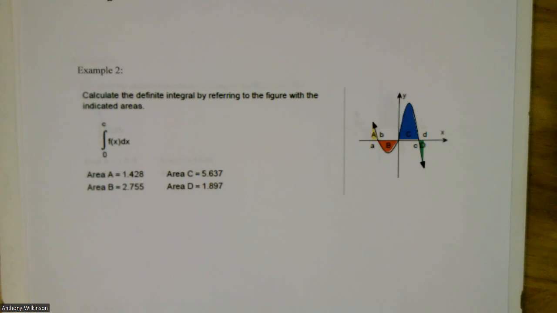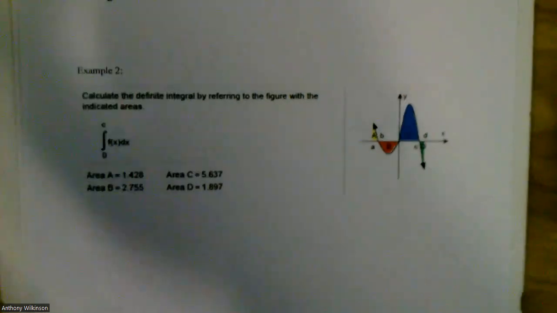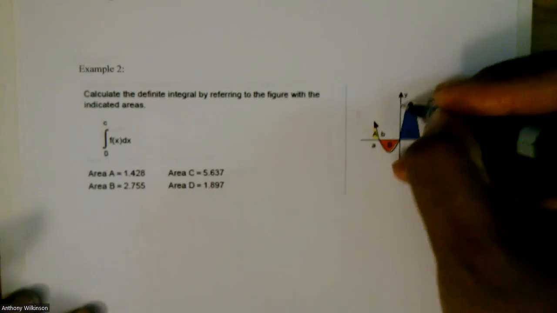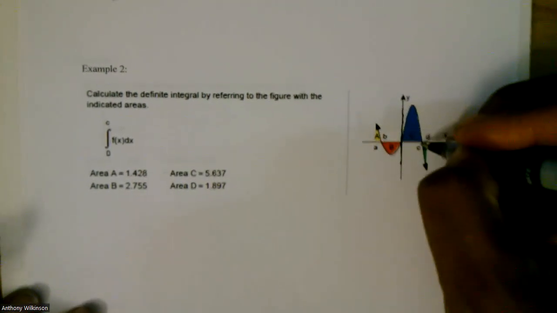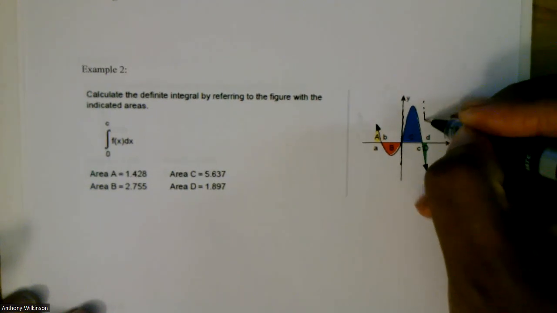And we're told that area A is 1.428, area B is 2.755, area C is 5.637, and area D is 1.897. So we're going from 0 to c. In other words, here's 0, that's going to be the y-axis, up to lowercase c, which is right here.